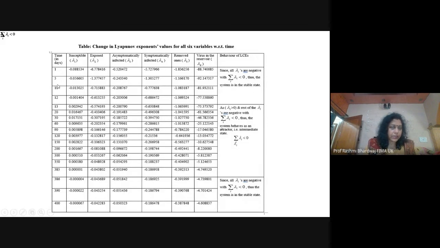This means, as we know, all the eigenvalues are negative, so it is a stable structure. But if it continues more than 12 days, then up to 386 days, it shows an unstable behavior because we are getting positive eigenvalues. But from 386 days onward, it again becomes a stable structure.